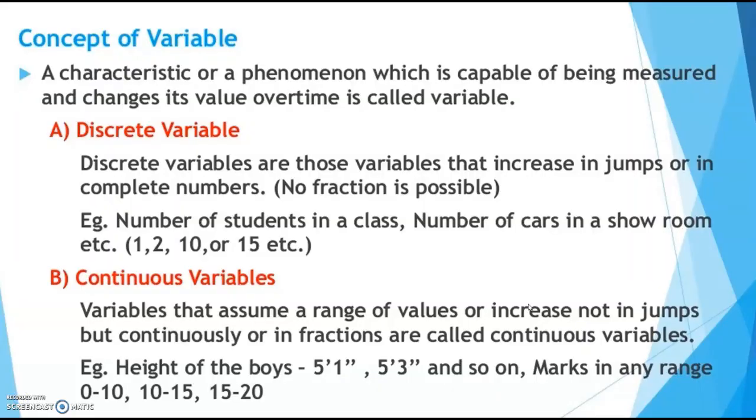Let us conclude today's session by recollecting all the concepts. So children, what do you mean by a variable? A characteristic or a phenomenon which is capable of being measured and changes its value over time is called a variable. And there are two types of variable. They are discrete variable and continuous variable.